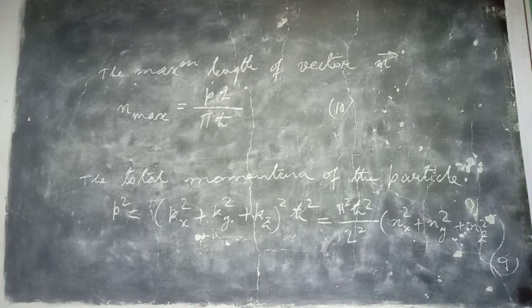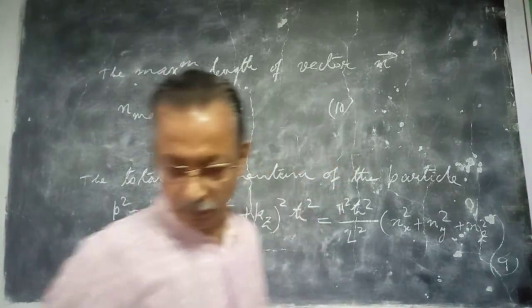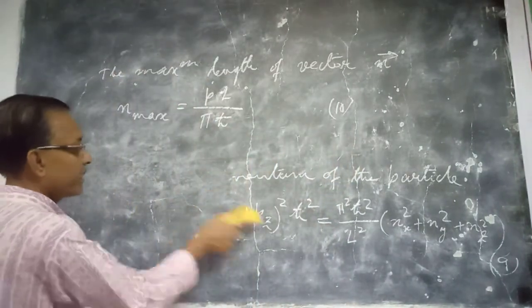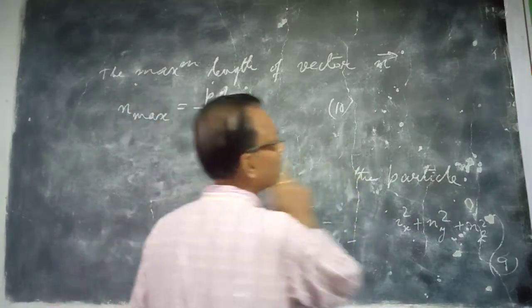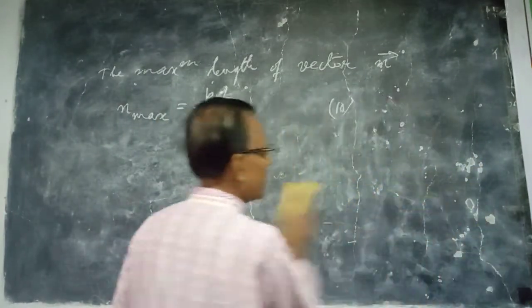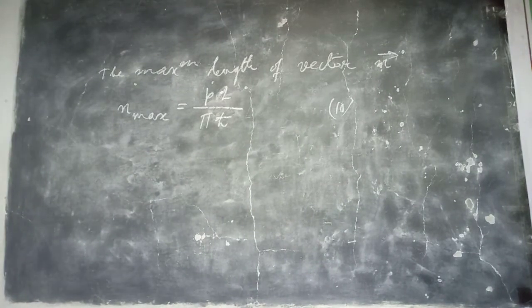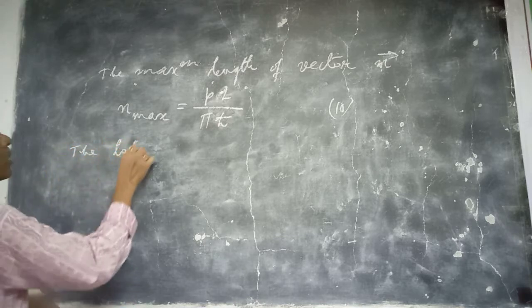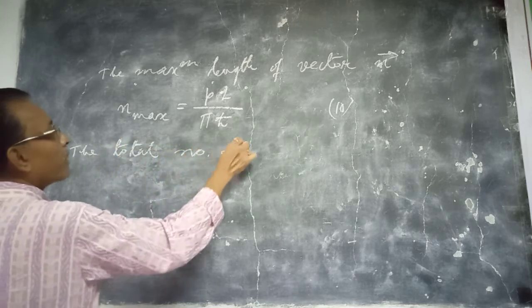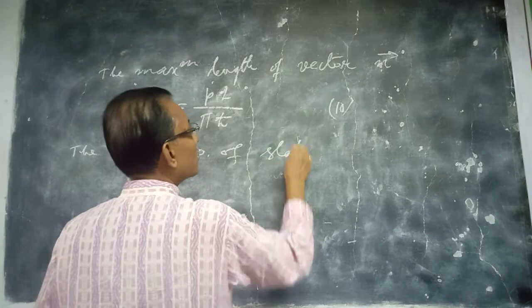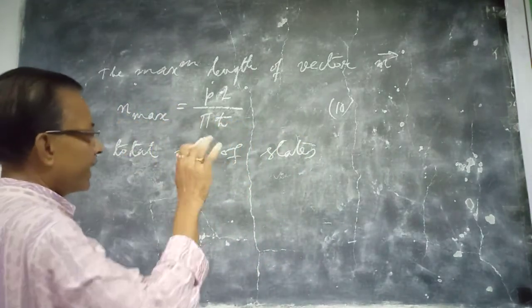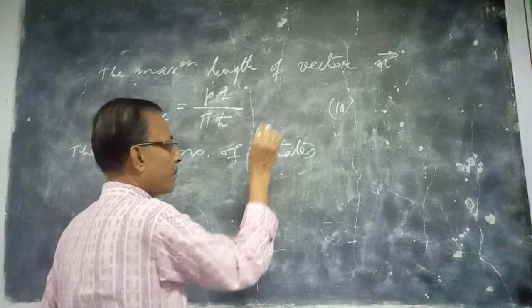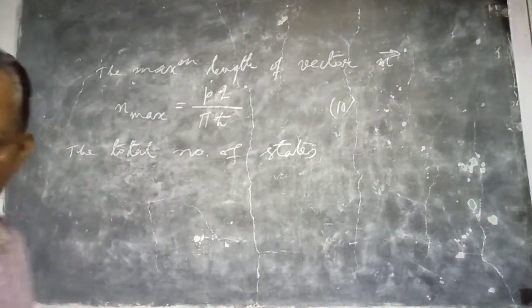Now to calculate the number density of states, we consider a sphere of maximum radius n max. Each value of nx, ny, nz gives a different state. So how many states are there within that cubical box of length L?